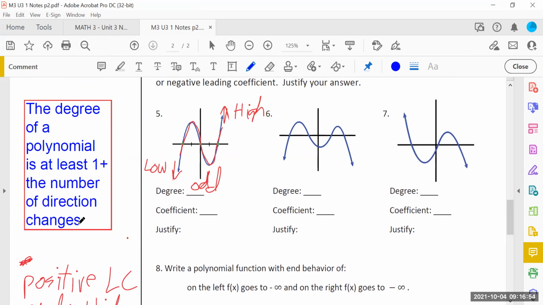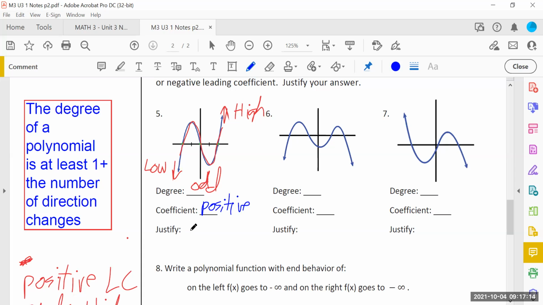So we've got odd degree. We said it has to be a positive leading coefficient because it ends high. It ends high, so positive. When it says justify, your justification is literally just the end behavior.